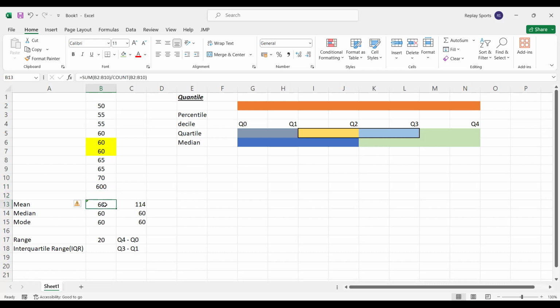Median itself is 60, range becomes 590. What does that mean? It means your value ranges from minus 500 to plus 500, around 600, right? So that gives a wrong impression. So just like outliers can have problem on your average, outliers can have problem on your range also.